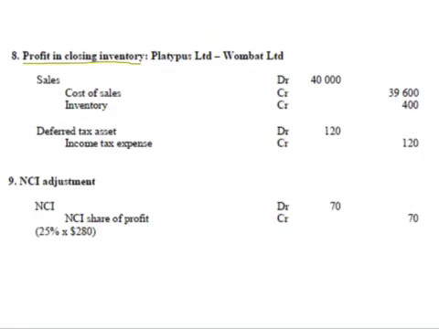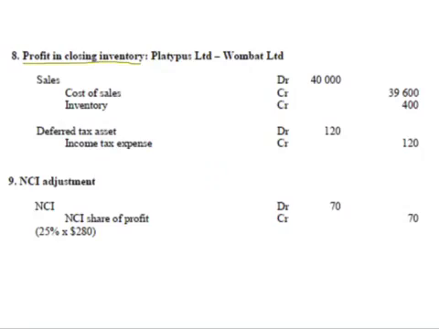The markup is 25% on cost of sales. And at the end of the financial year, the parent company still had inventory to the value of $2,000 that they acquired from the subsidiary. So from that intergroup transaction, there's a balance of $2,000 left.